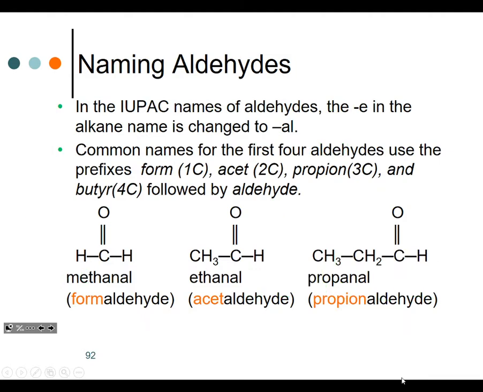When we go to name these things, we are going to see in some of the worksheets, and the book does this a lot, where instead of using meth and eth and prop and but, they're going to use maybe form.